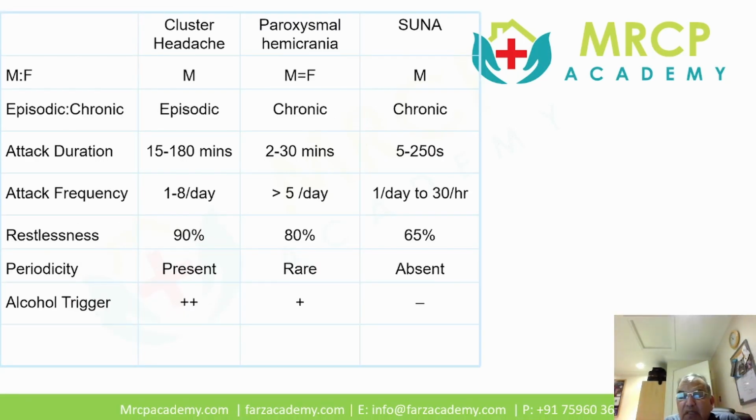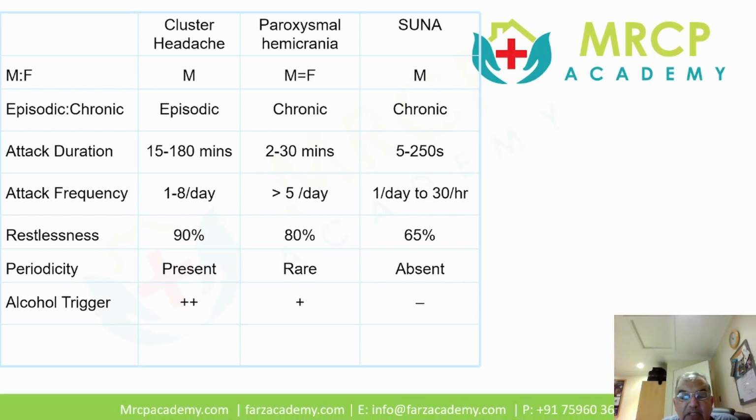Now, the trigeminal autonomic cephalgias are basically mediated through the trigeminal nerve pathway and its connections, and they have fairly straightforward characteristics which separate them from the run-of-the-mill migraines and chronic tension type headaches.